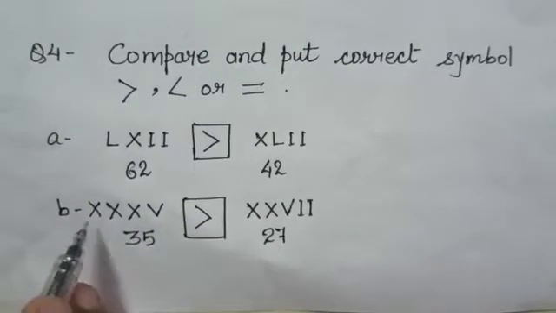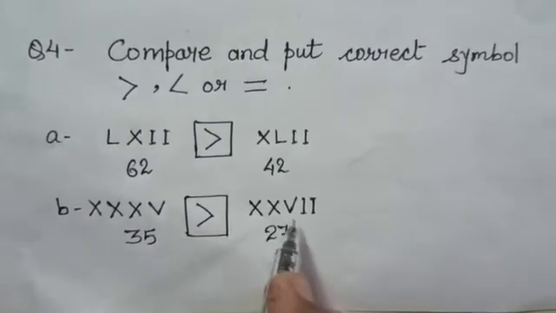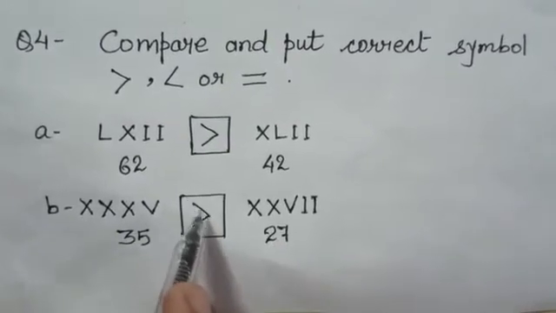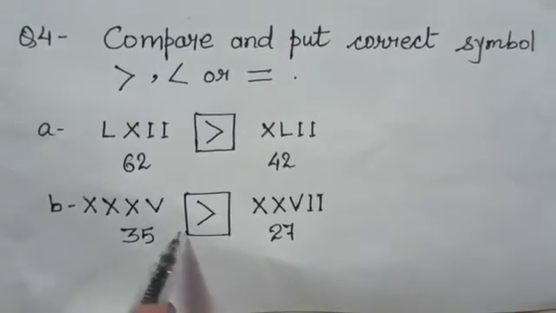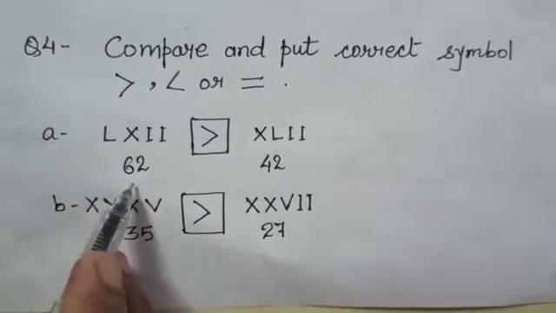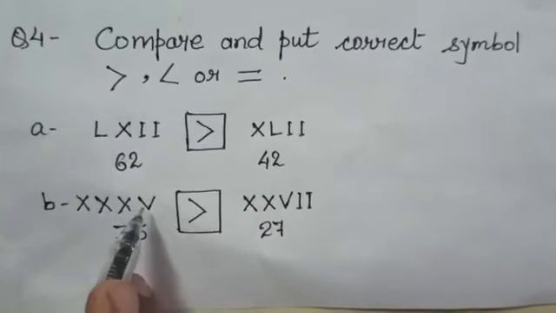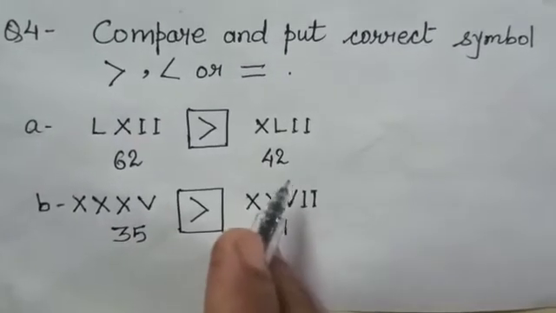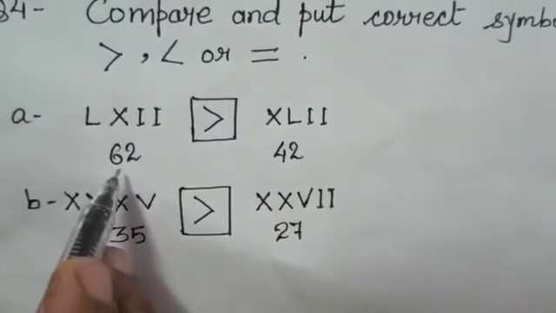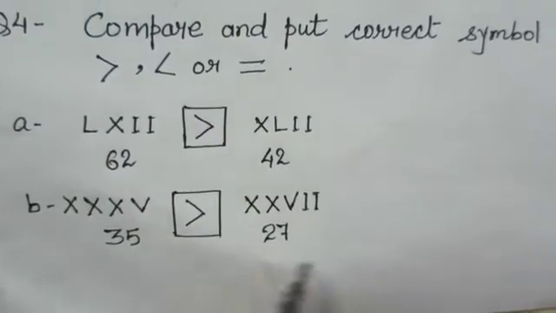Number B. XXXV and XXVII, it is 35 and it is 27. So therefore the first is bigger. This way you have to first convert the Roman numeral to Hindu Arabic. Then it will be very easy to compare which one is bigger and which one is smaller. You cannot compare it directly. First convert it to Hindu Arabic and then you can compare it very easily.